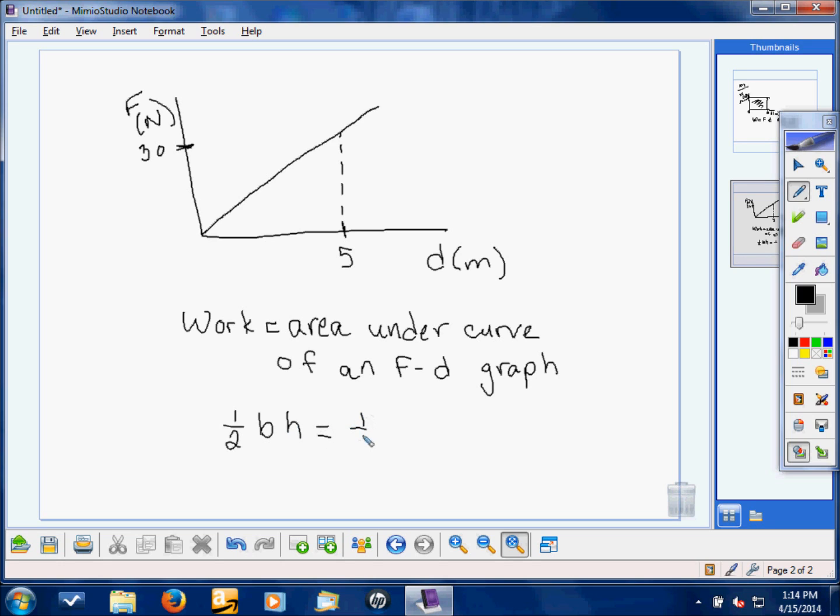So it's 1/2. What's the base of this triangle? 5. Good. And the height is 30. So 15 times 5, which is 75.